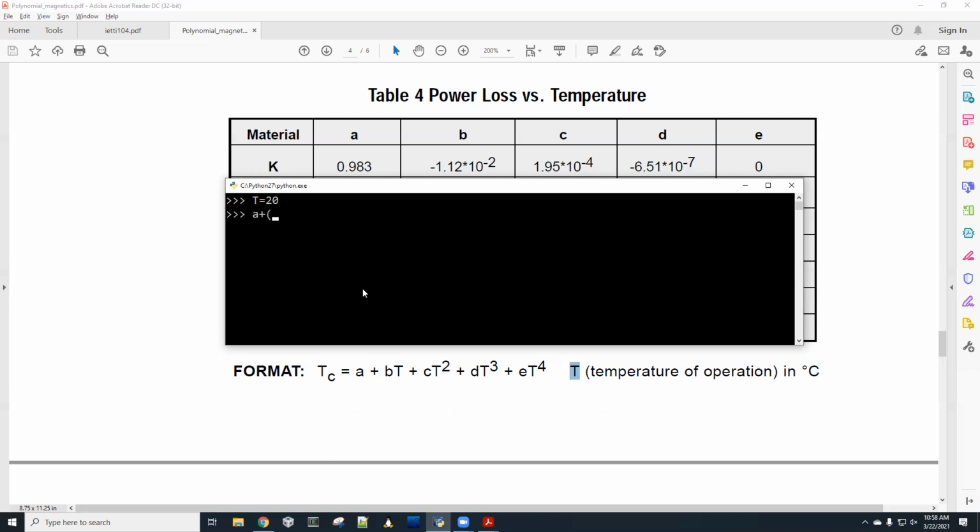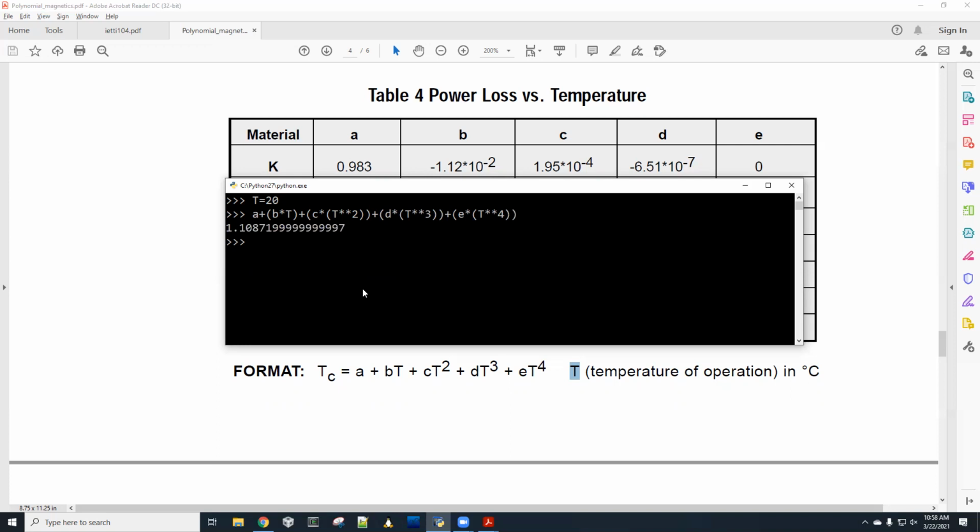So A plus B times T plus C times T squared plus D times T to the third power plus E times T to the fourth power.